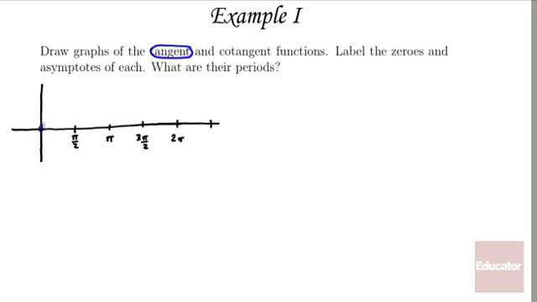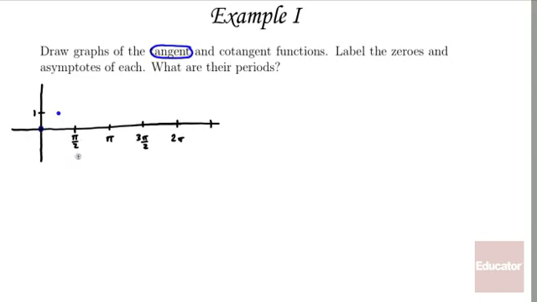The tangent of pi over 4, we said is 1, so let me put a dot there. And then when tangent gets close to pi over 2, remember that's really getting close to dividing by 0, so it goes up to positive infinity there.